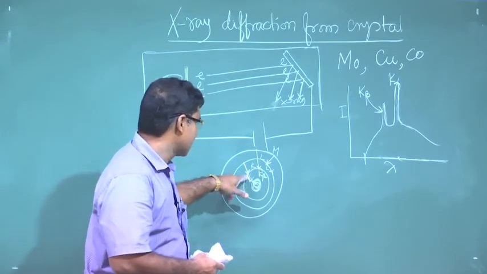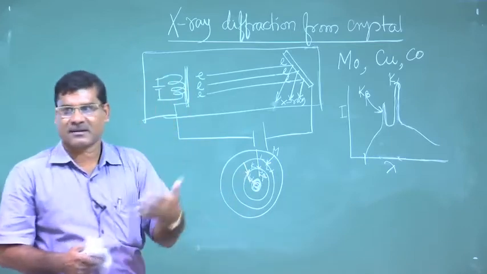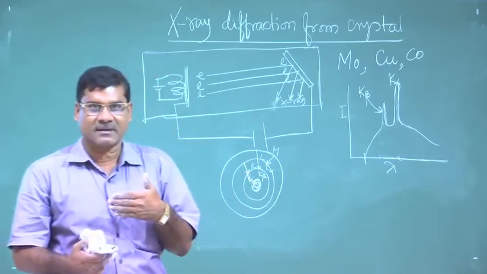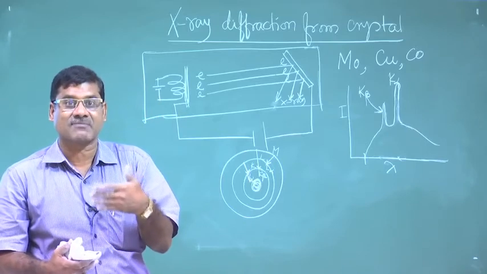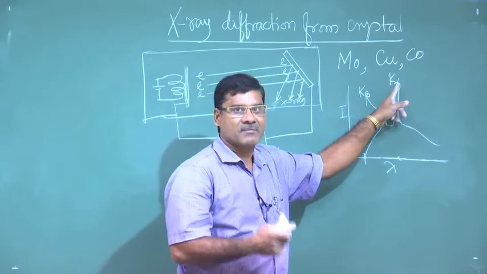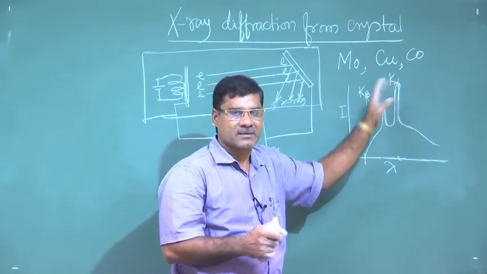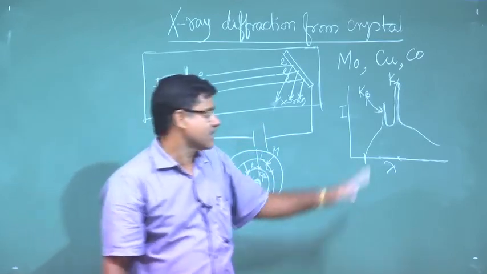That is because this shell is again subdivided into subshells, right. Because of that there is some minor change of energy, K alpha 1, K alpha 2, but for the time being you forget that, just take it as K alpha.